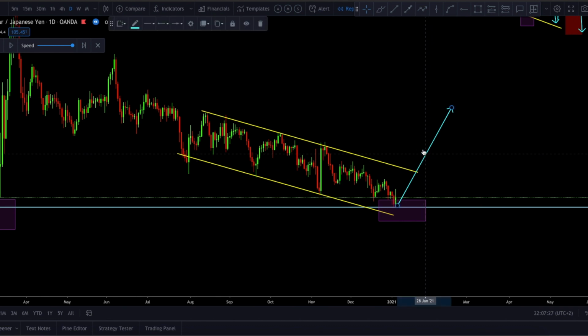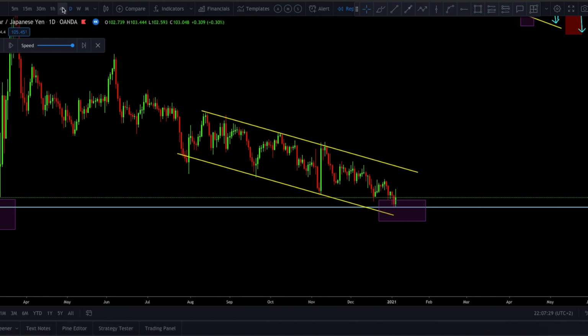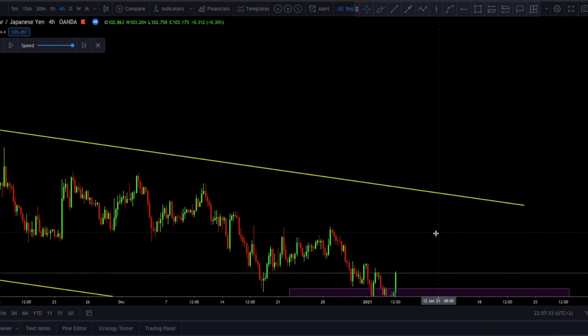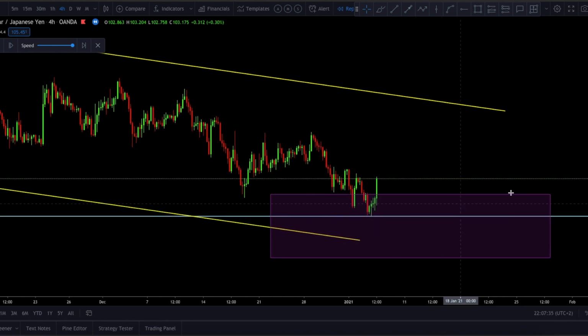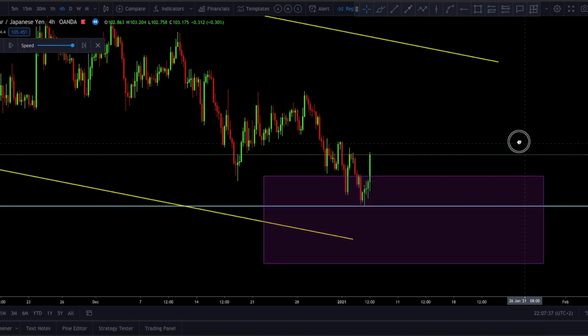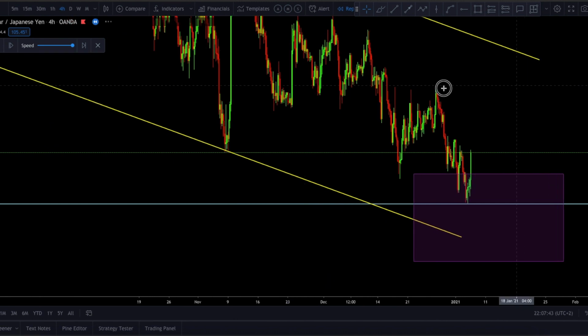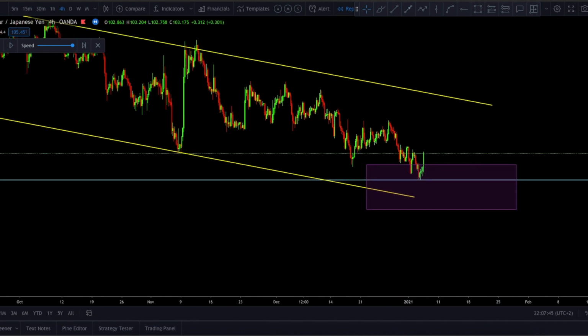Now we're going to drop down to a lower time frame and see what is happening. Okay, this is the 4-hour time frame. On the lower time frame, you can see we already had the first impulsive move. We already had the first impulsive move.